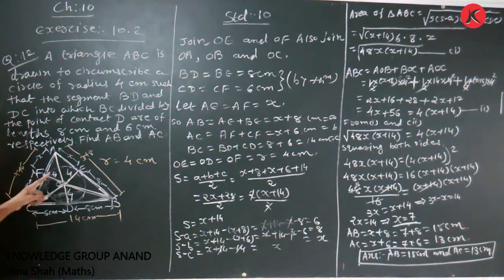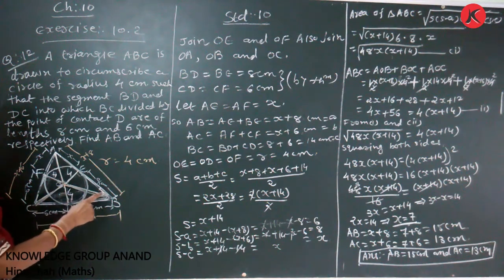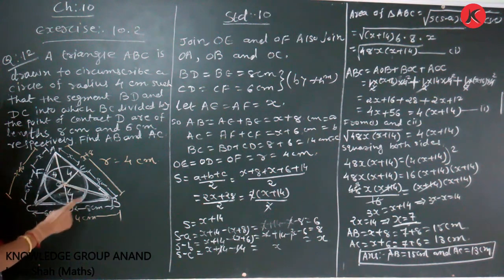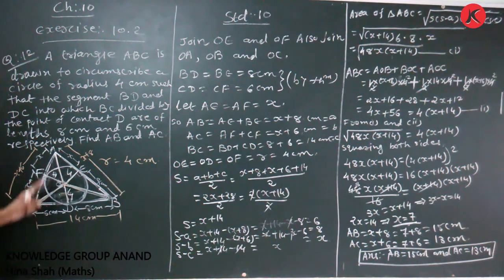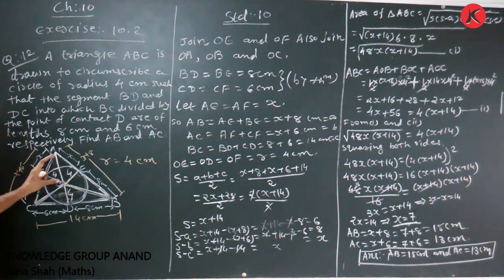We know the circle touches the sides AB, BC and CA of triangle ABC at the points E, D, F. Now join OE, OD and OF. They are radii and their measures are 4 centimeter. Also join OA, OB and OC.